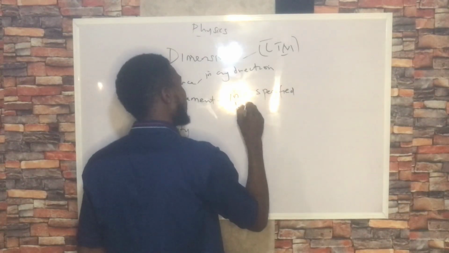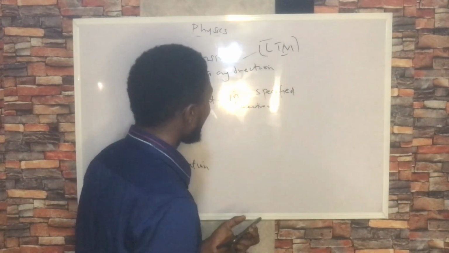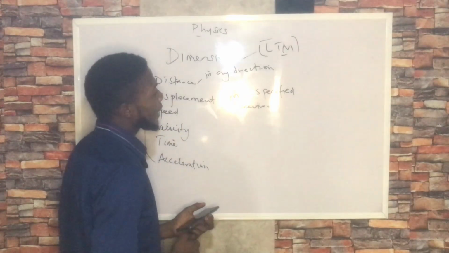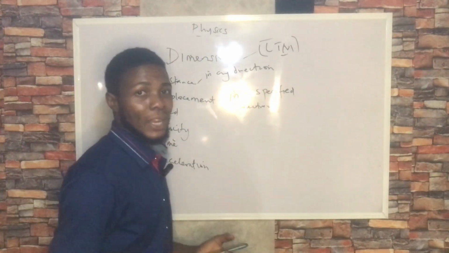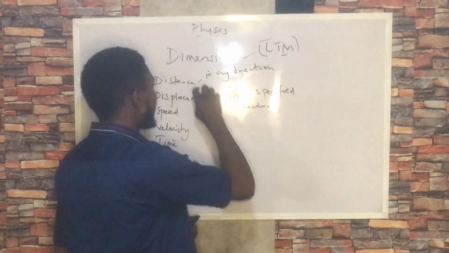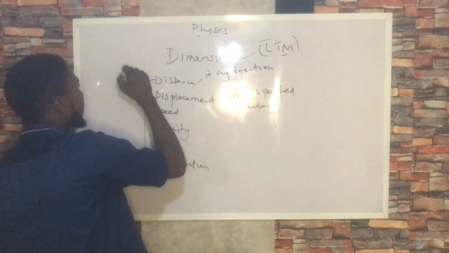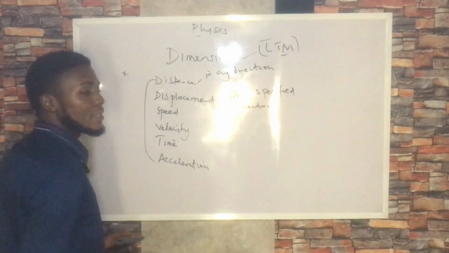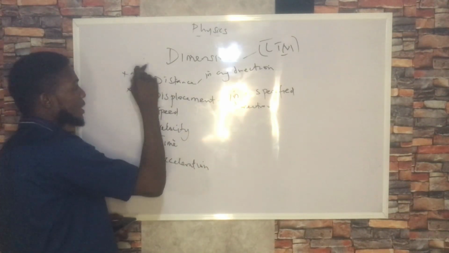Please take notes. In the realm of physics, these two are quite related, but they are different. Distance and displacement are quite related. In most cases, you see S for distance, X for displacement, and they will still use meter for both.